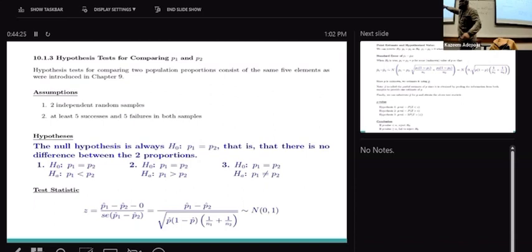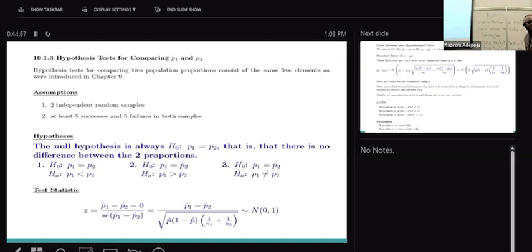If it is not equal, that's what we call a two-tail test. Now, what do we mean by one-tail? That is a directional test. This is directional. This is non-directional. In the directional, you have less than, greater than. But in the non-directional, you have not equal.